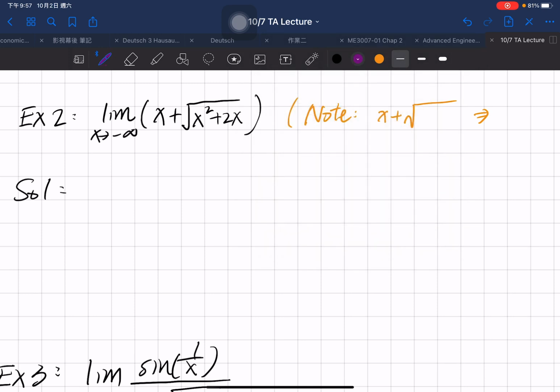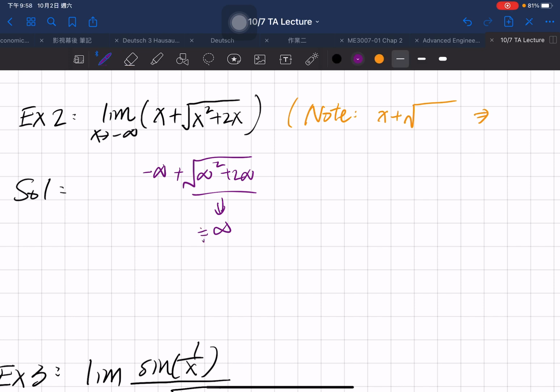Assume that we don't know how to do it, we just plug in. So you get minus infinity plus the square root of infinity squared plus 2 infinity, and you can see this as infinity. So actually you don't know what the value is, right?